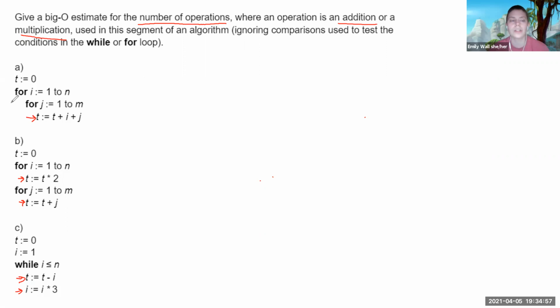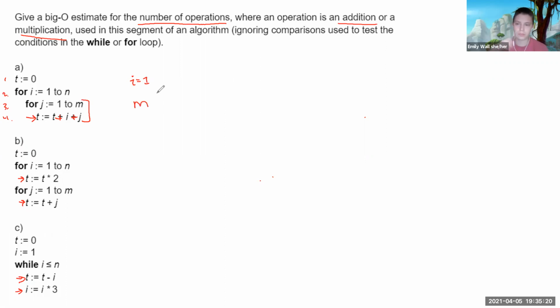And our main question is how many times line 4 runs? And notice line 4 has 2 additions in it. We'll deal with that at the end. When we start the first for loop and set I equal to 1, we come to the inner for loop and we run line 4 m times.